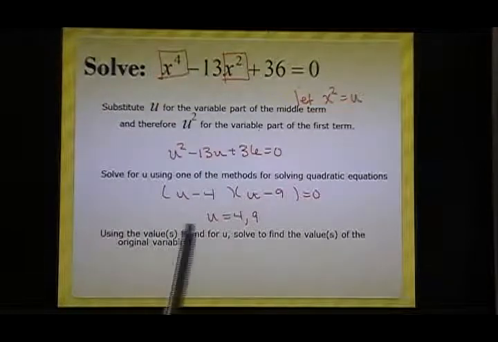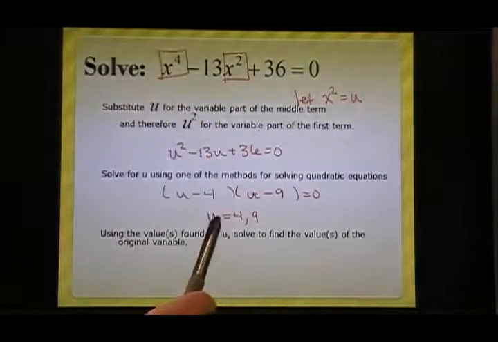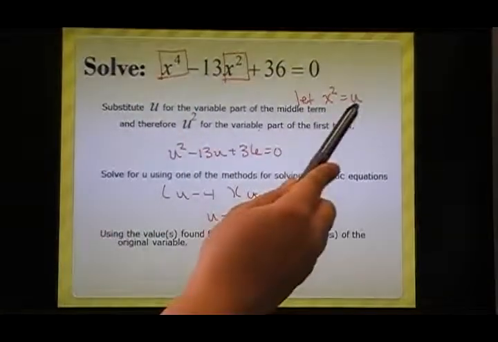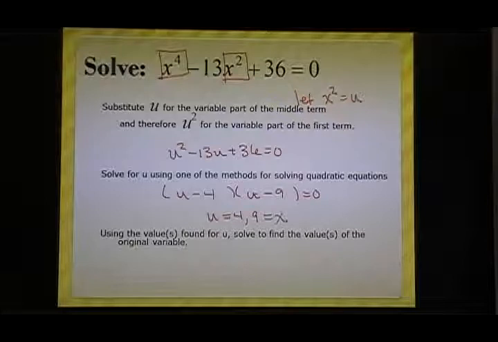But again, it's not u that we're trying to solve for, it is x. So instead of u, I need to put that back as x squared. So u equals 4 or 9, saying x squared equals 4 or 9. So we have x squared equals 9 or x squared equals 4.